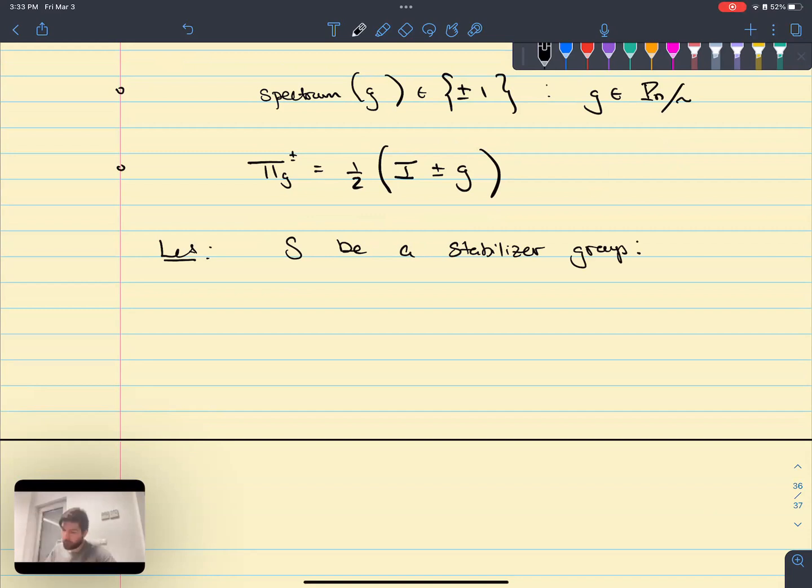And we perform a measurement of G, then what will happen?